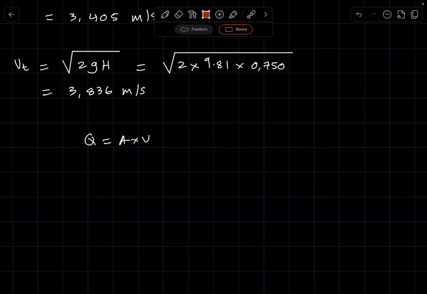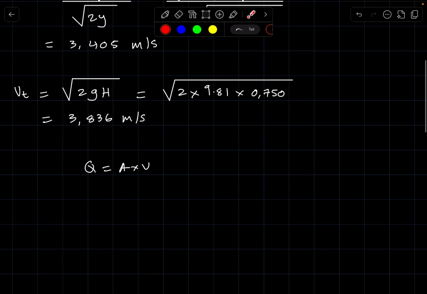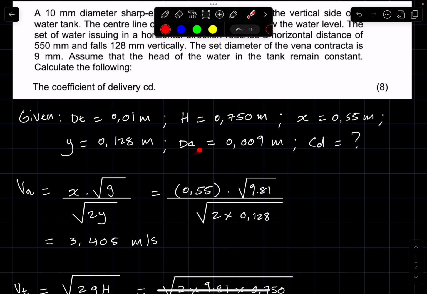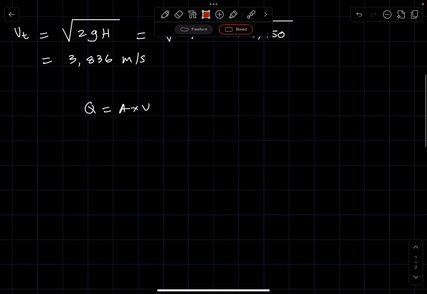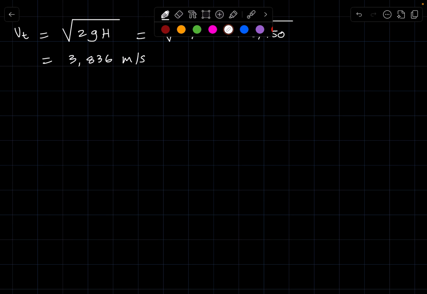Aside from that, you of course can take this approach of calculating CD by first calculating the Q's, so your theoretical and actual discharge. You can take this approach because at this point we have both the velocities, theoretical and actual, and essentially we have the actual and theoretical areas, seeing that we've been given the diameters. But like I said, I'm taking the approach of calculating the hydraulic coefficients, so we familiarize ourselves with that approach as well.